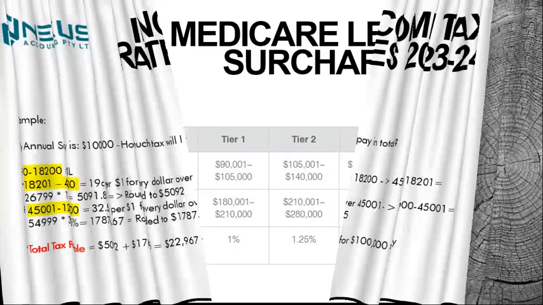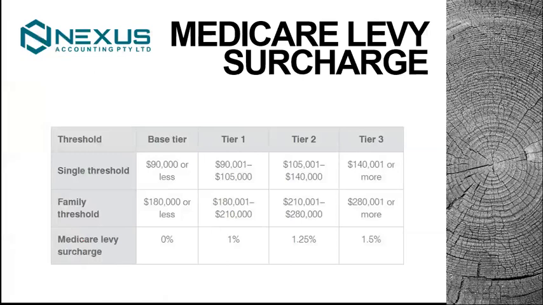Now, there's a common misconception about Medicare Levy Surcharge. A lot of our clients are under the impression that everybody pays Medicare Levy Surcharge, which is simply not correct. Medicare Levy Surcharge is payable by individuals or a family that is earning over and above $90,000 as a single or $180,000 as a family threshold.